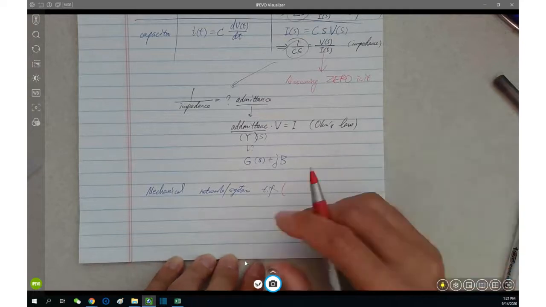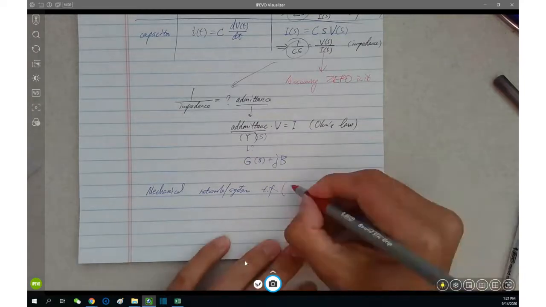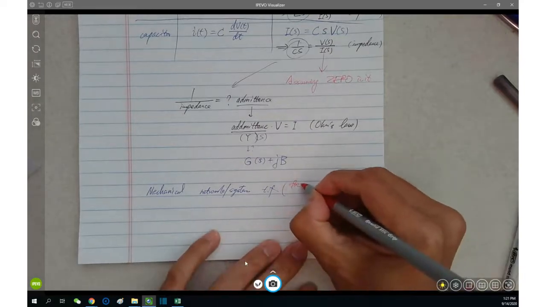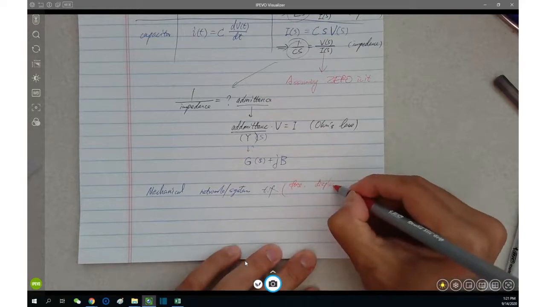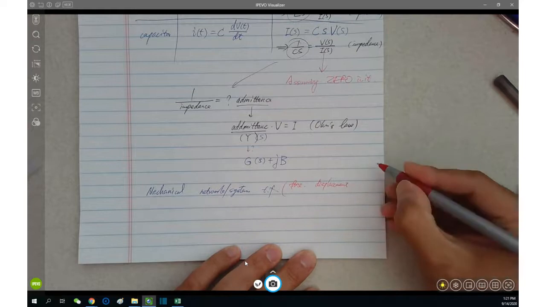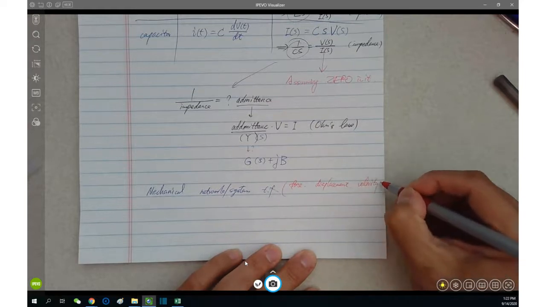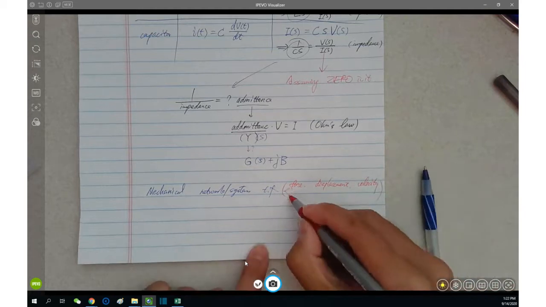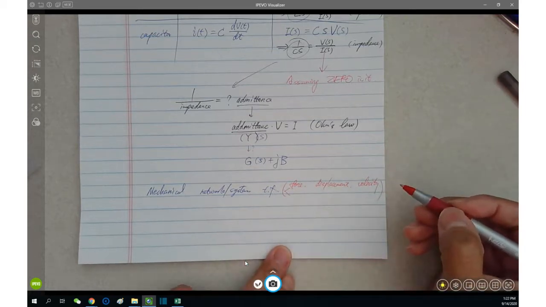But mass is actually considered a constant rather than a variable. So what we really care about is force, displacement, and further the velocity. Of course, this is for the translational system. The rotational system is different.